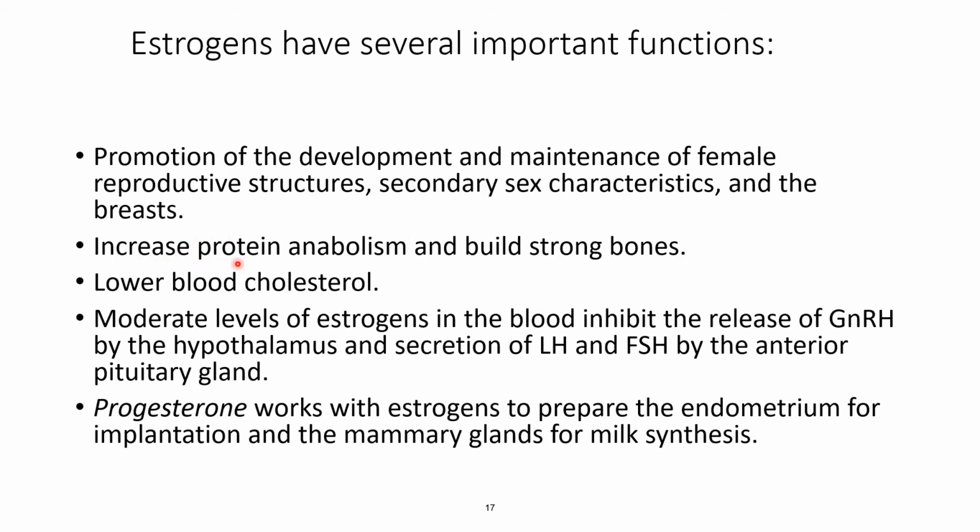We have increased protein synthesis, growth spurts, and adding to the skeletal system happens under the influence of estrogen. Estrogen has a protective effect on the cardiovascular system by lowering blood cholesterol levels. And we'll come back to this regulatory effect of estrogen on the hypothalamus. This is going to be the basis of modern estrogen-based contraception.